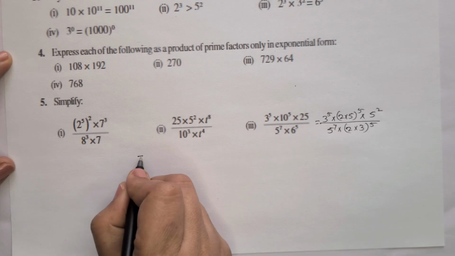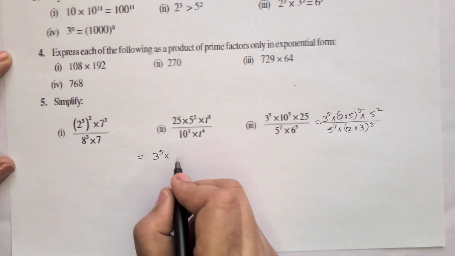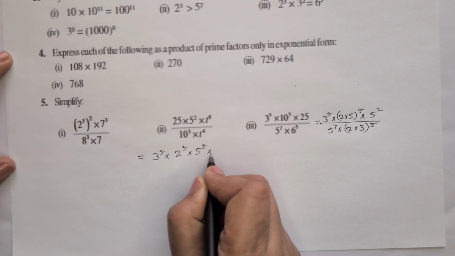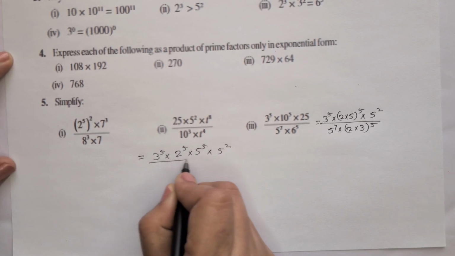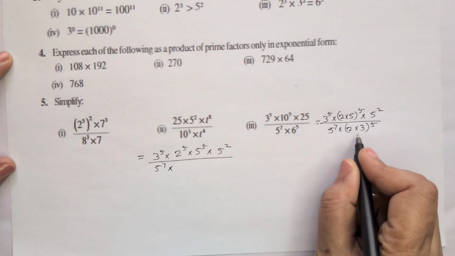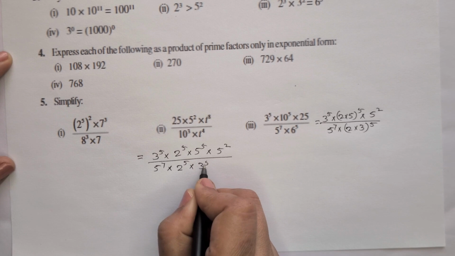So we can write that as 3 raised to 5 into, split this one, 2 raised to 5 into 5 raised to 5 into 5 square, divided by 5 raised to 7 into, split this also, 2 raised to 5 into 3 raised to 5.